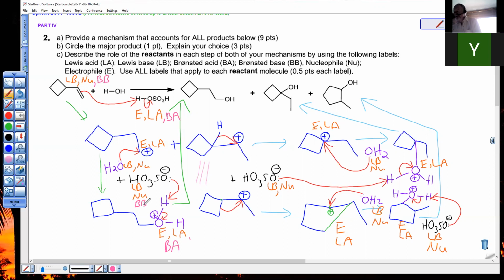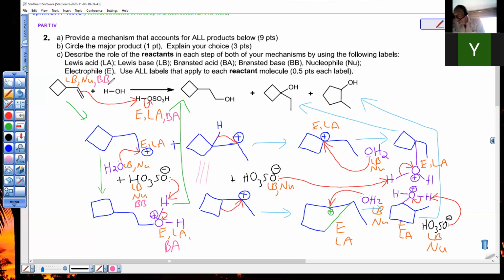There's never an excuse to get the Bronsted wrong if you've properly labeled the Lewis. You will never have something be a base in one definition and then an acid with the other. So if it's a Lewis base, then if it's also a Bronsted reactant, it will be a Bronsted base.